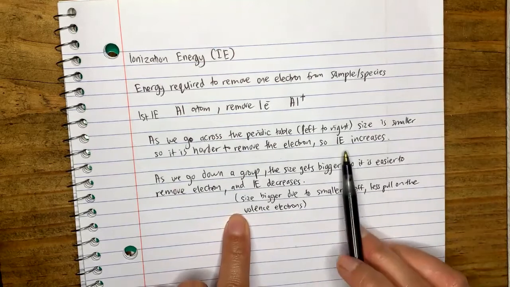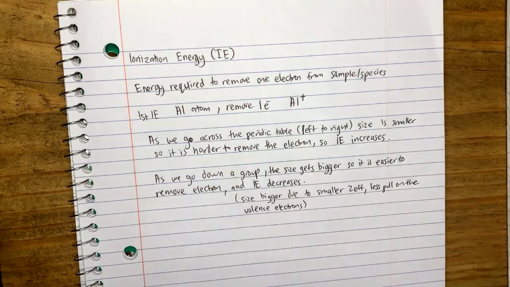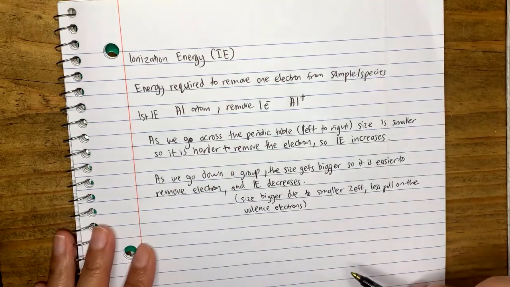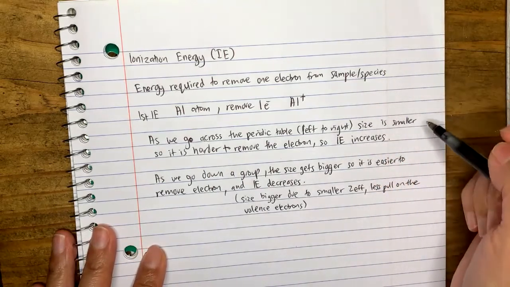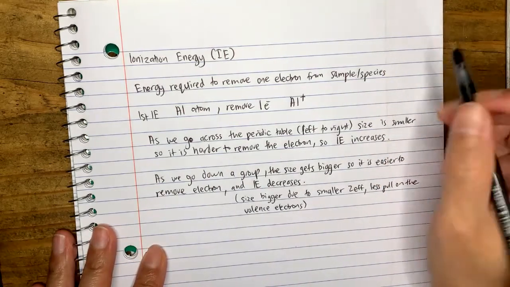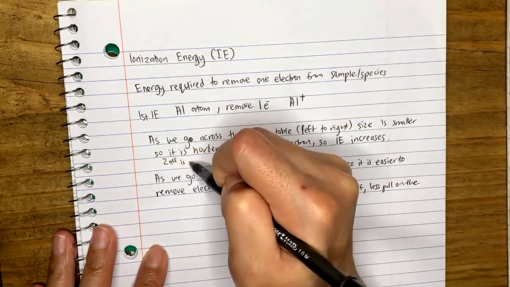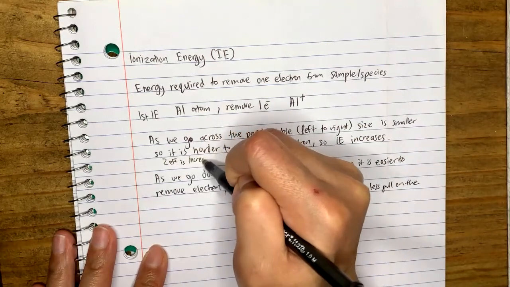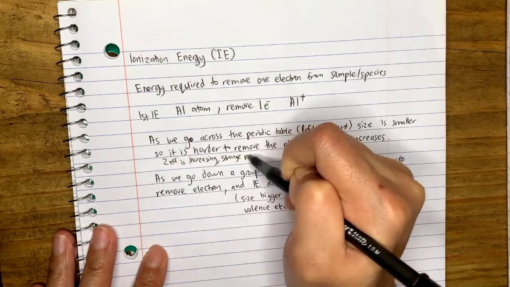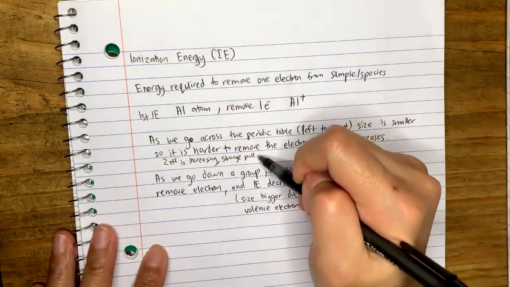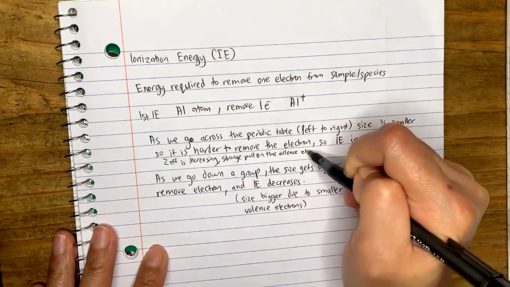Same reasoning here, it has to do with Z effective, but I'm running out of space, so you can just remember it. I guess I'll go ahead and add it in somewhere. Size is smaller. Over here, Z effective is increasing, stronger pull on the valence electrons.